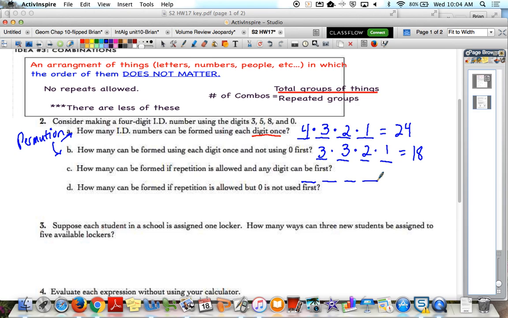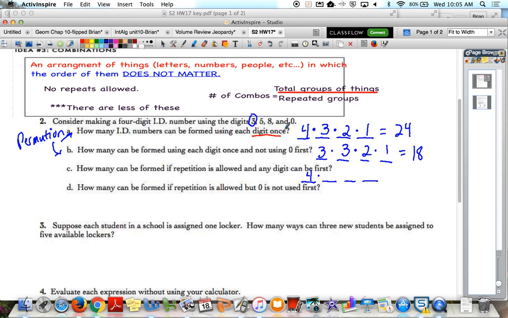So if repetition is allowed, how many digits could I use in that first slot? Well, it could be any of those 4 for that first slot. And if repetition is allowed, how many of these digits could I use for the second one? Well, if I picked 3 for the first number, I could actually pick 3 again for the second number because digits are allowed to repeat.